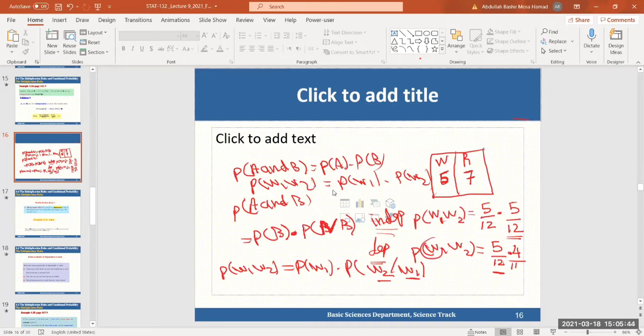Here, because the first ball is white, we subtract 1 from white. So it becomes 4. And the total is also reduced to 11. So it is 4 over 11. This is the second type of multiplication rule. We do multiplication, but in this case, we have to know the first event, whether it is red or white for our example.